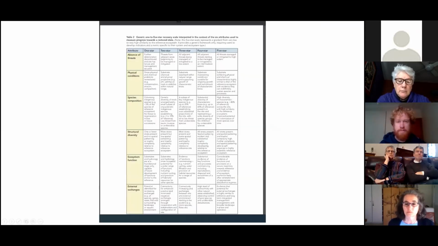I can't see it, but you can see the attributes down the side here: 1, 2, 3, 4, 5, 6 attributes. And the final one, external exchanges, actually has some statements around the connectivity. So connectivity increasing and exchanges between site and external environments starting to be evident.